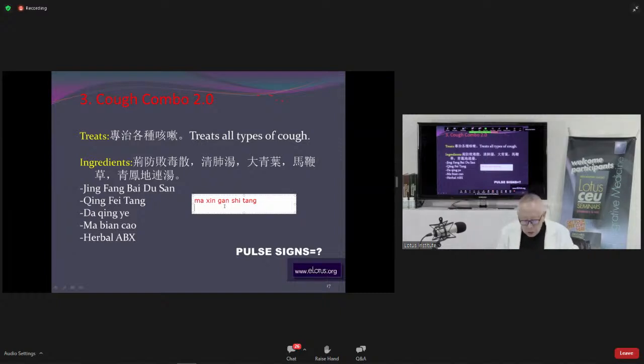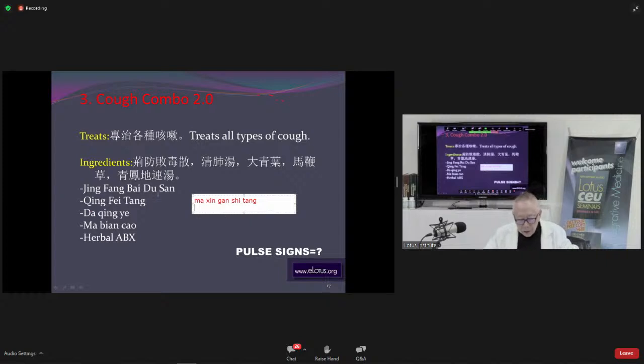So what I'm trying to say is, if you catch cold or your patient catches cold, don't give too much cold medicine, even if the patient is asking, I'm coughing with yellow phlegm. Be careful with the sequence. You should get rid of the exterior condition and then add a little astringent and anti-inflammatory for the chest and bronchial. And the 顿寿散, sorry, I don't know how to spell that.